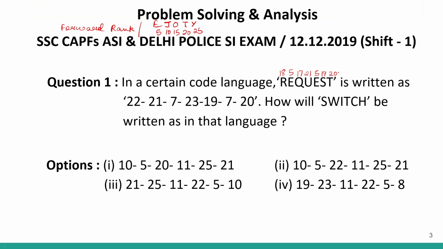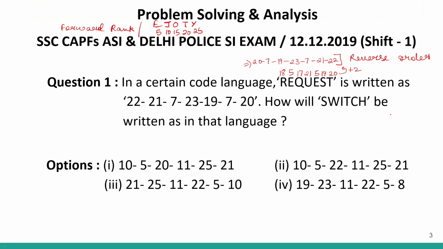If I add 2 to my forward ranks, I'll get 22, then 21, then 7, then 23, then 19, then 7 and then 20. But over here we see 20, 21, 7, 23, 19, 7 and 20. That means that this has been written in reverse order. This is how it has been coded.